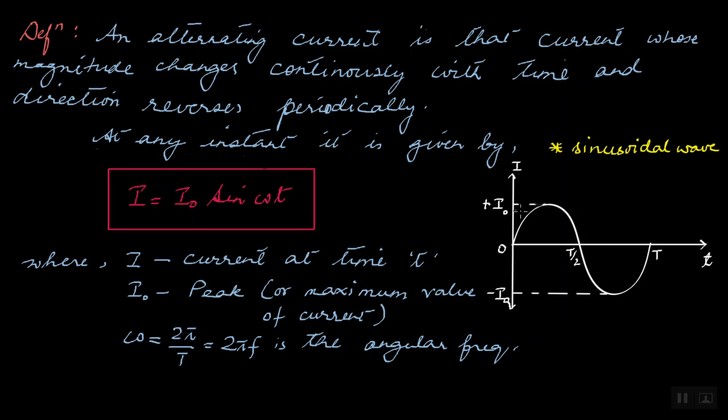That means this is in the positive half cycle. Similarly, from this zero value, the current grows until it becomes maximum. At this point also, it is the peak value, but in the opposite direction. From this point, the current goes till here, one cycle. Okay, one cycle. And what is the time that it takes to oscillate one cycle? It takes time T, capital T. So basically, time T here is the time period of the current.